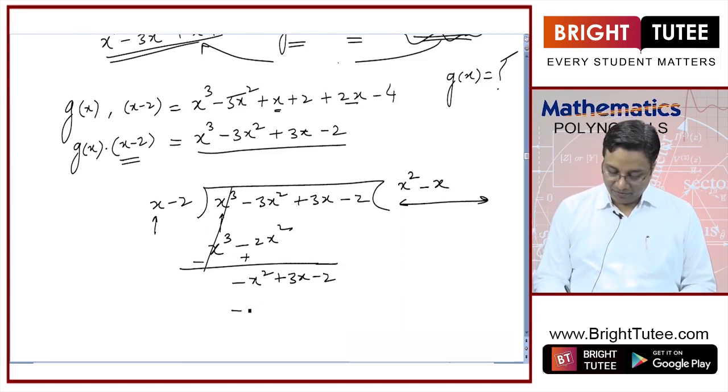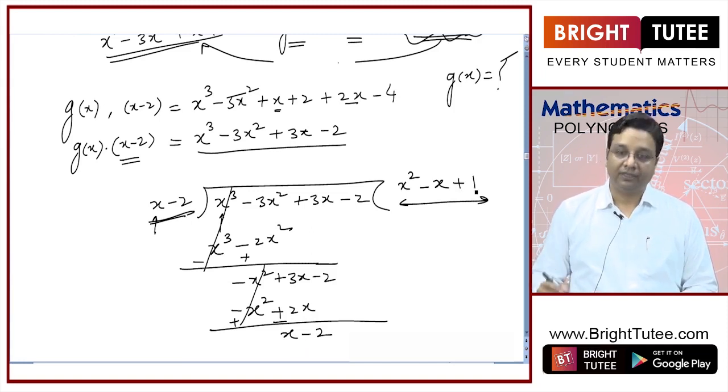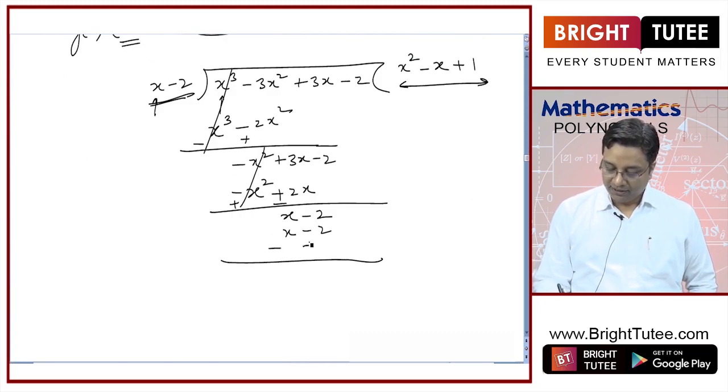So when I multiply it by minus x, it will give me minus x square plus 2x, right? Now subtract, this gets cancelled, 3x minus 2x will give me x minus 2. So x minus 2, x minus 2. So multiply by 1. So x minus 2 gets cancelled completely, right?